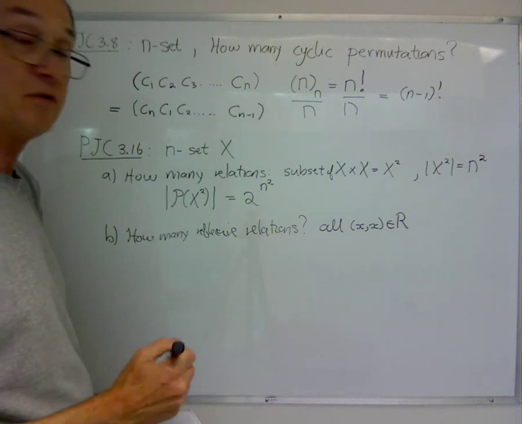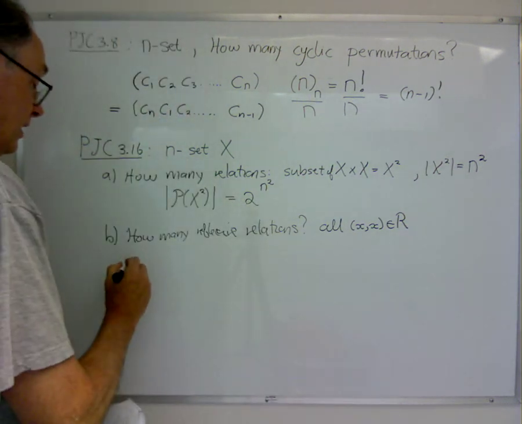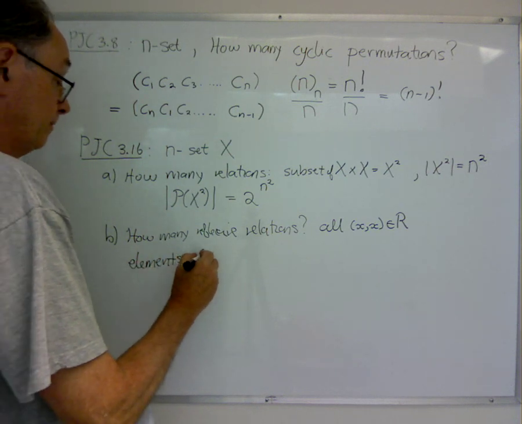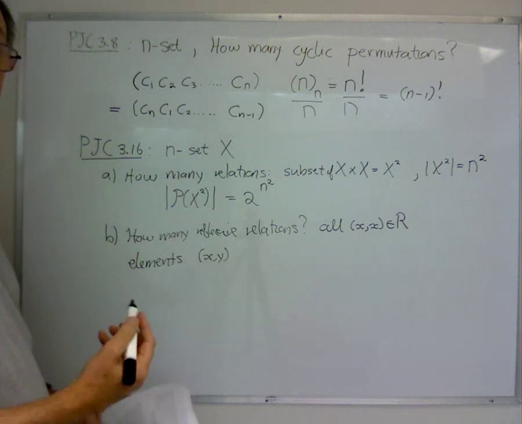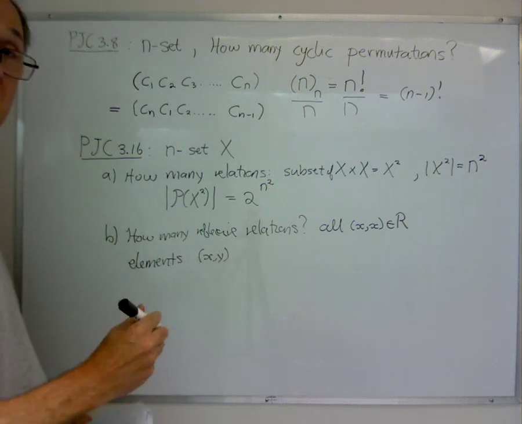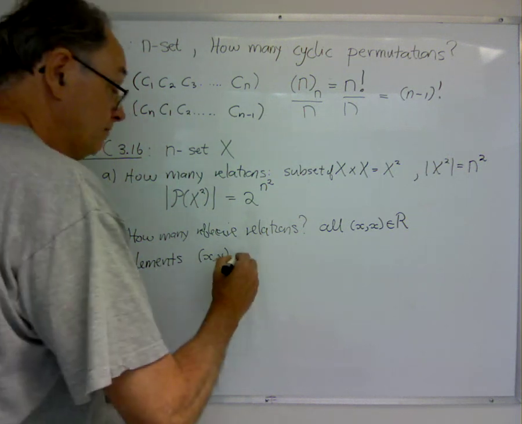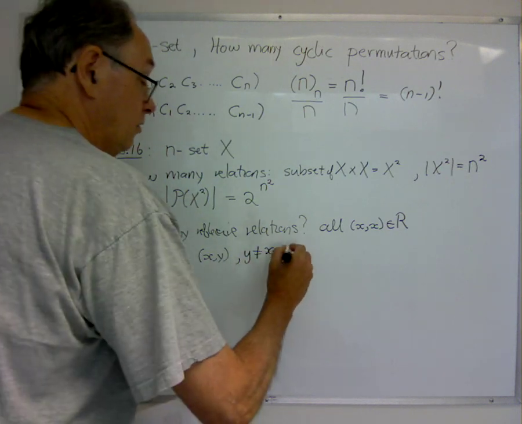There's only one way of doing that. But then the off diagonal elements, so elements of the form xy, can be added or kept out of R, right? So all these elements here, this is when x is not equal to y, may also be in.